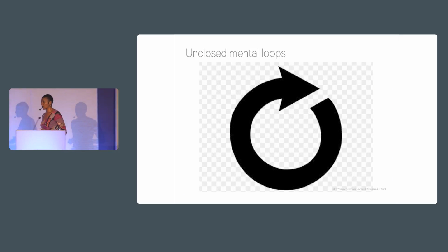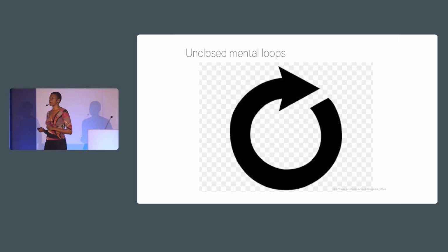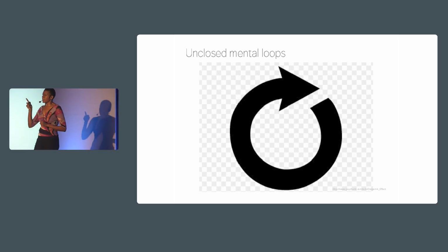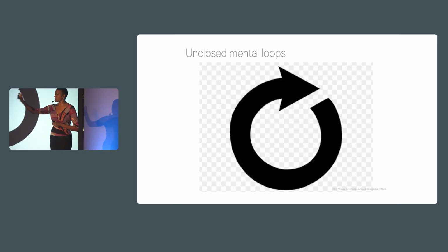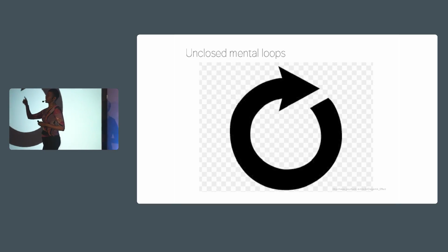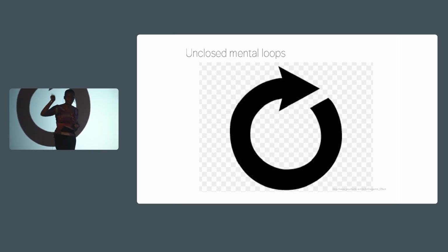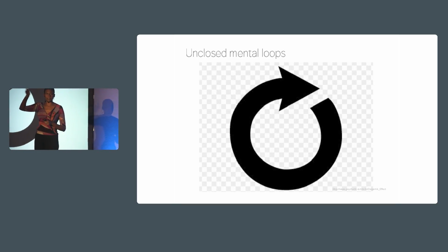There's something called the Zeigarnik effect, and that basically comes down to our brains being formed to start to work on a task. If you interrupt it, that cycle mentally is still happening in the background. You can imagine it like a computer processor.